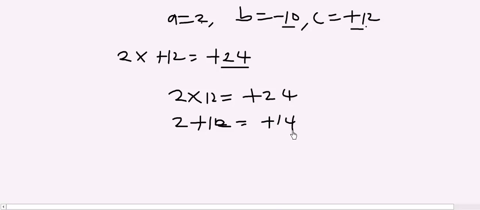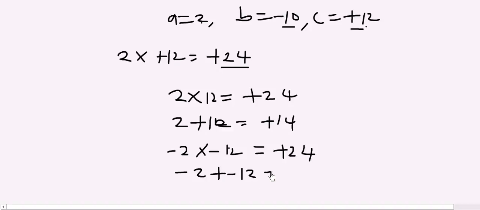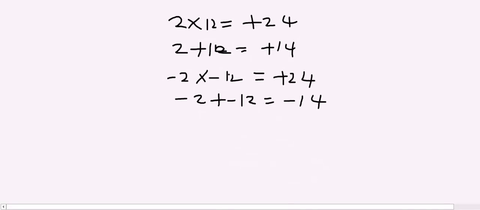If we decide to add a negative sign, say minus 2 times minus 12, that gives us plus 24, but minus 2 plus minus 12 gives us minus 14. So minus 2 and minus 12 cannot be the factors.